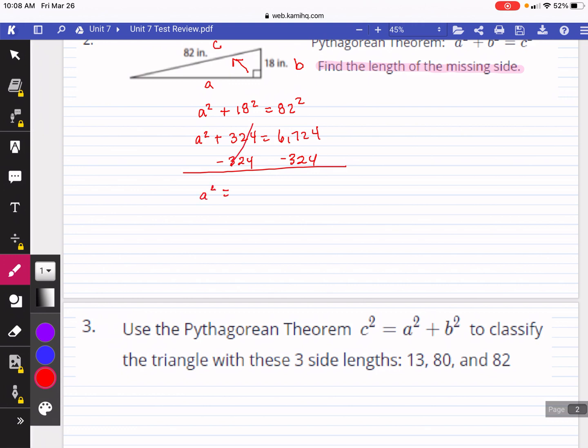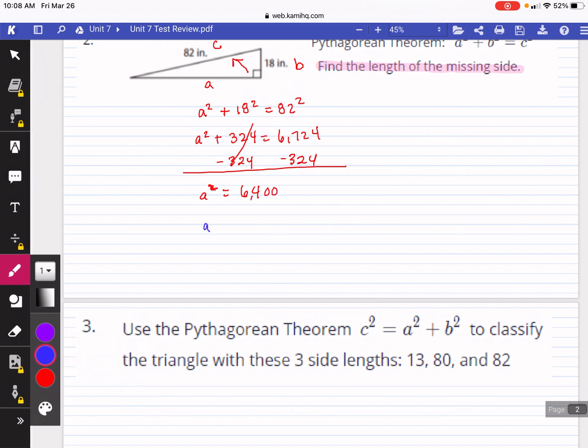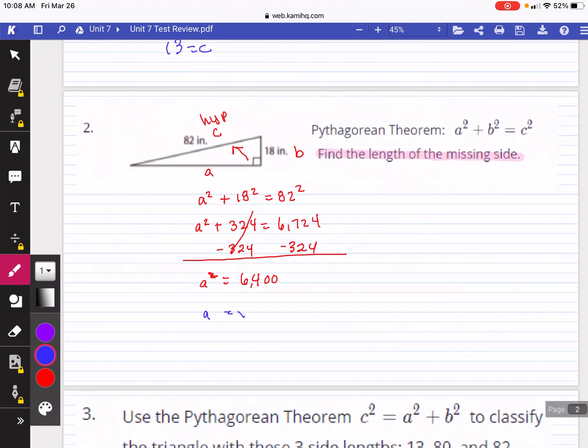So we get A squared equals 6,400. And at the very end, you would square root it to get your final answer. So the square root of 6,400 is 80. So our answer here for the missing side would be 80.